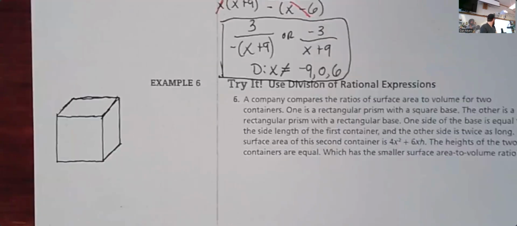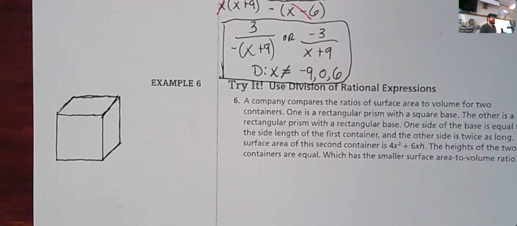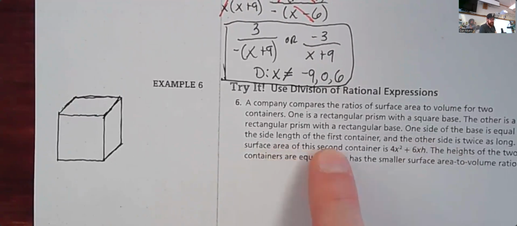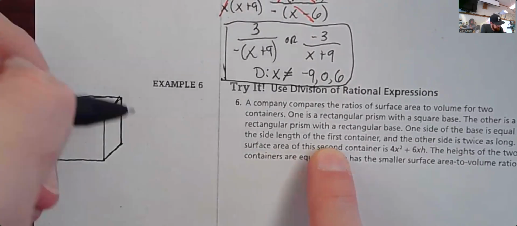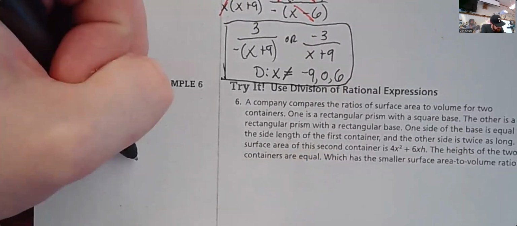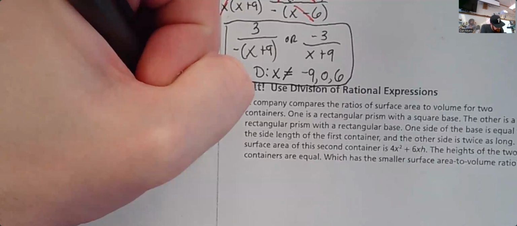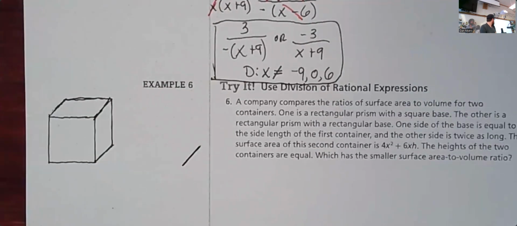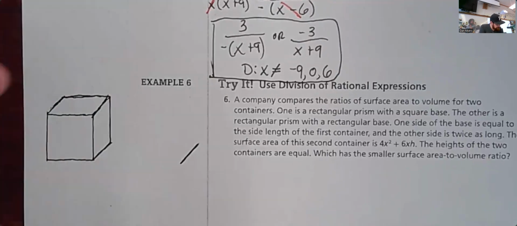Okay, the other rectangular prism has a rectangular base. Now, it tells us about one side of the base is equal to the side length of the first container. So let's just say that's the one that goes like that. We'll say that's the same length right there. The other one is twice as long as this one here.